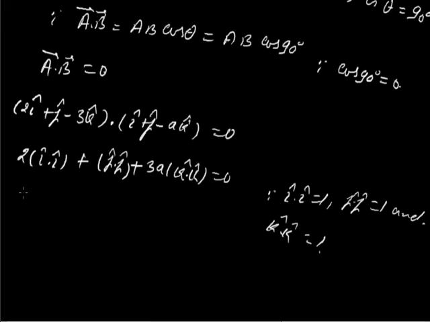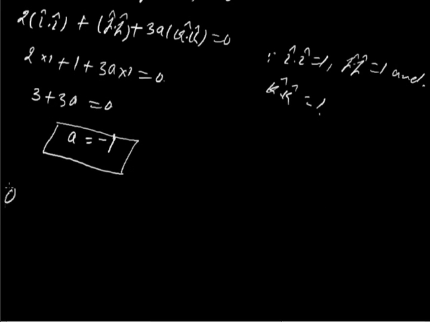So we get 2 into 1 plus 1 plus 3a into 1, that's 0, means 3 plus 3a is 0. So the value of a is minus 1.